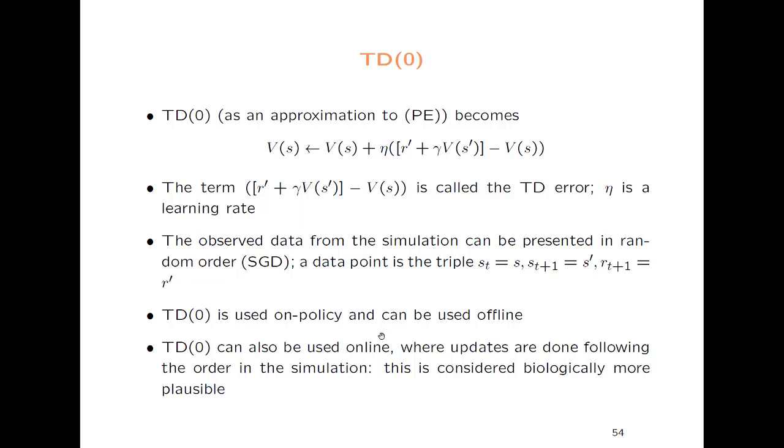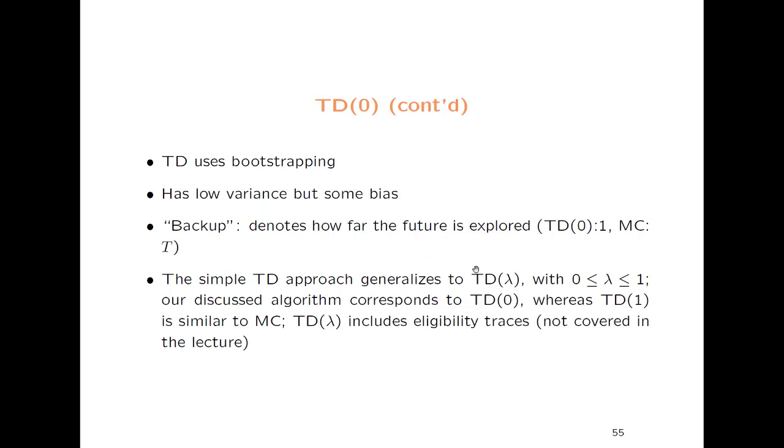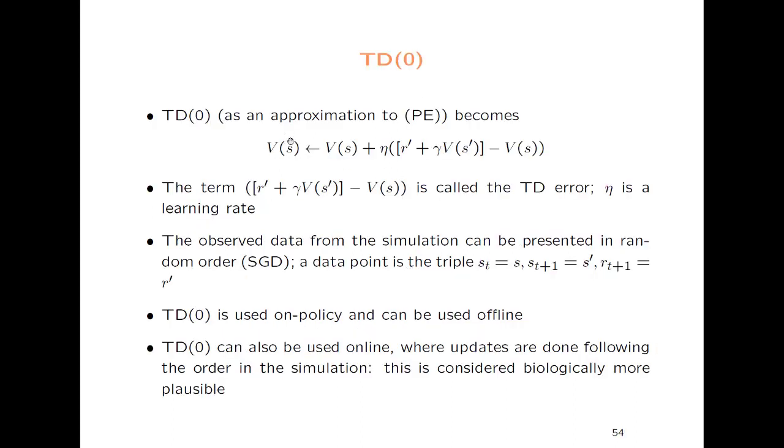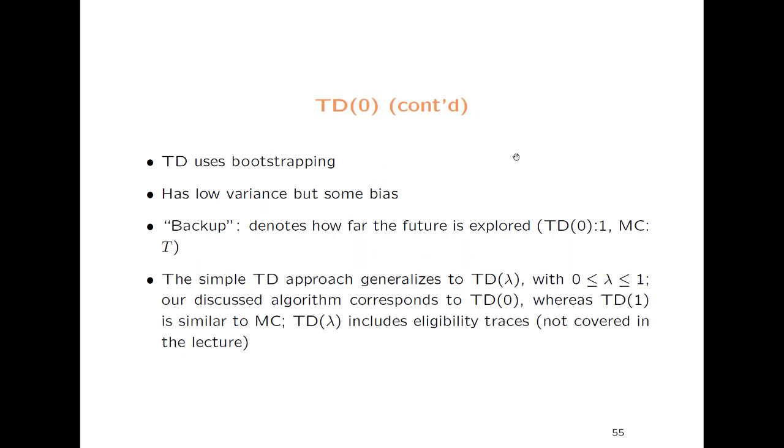But TD can also be used online. If you think of progressing in time, you can also use this update with actual data occurring at time instances. And this, as I mentioned before, is considered biologically more plausible. TD uses bootstrapping because the next value function is derived from the old value function, and also this TD error contains the old estimate, so it improves on itself.